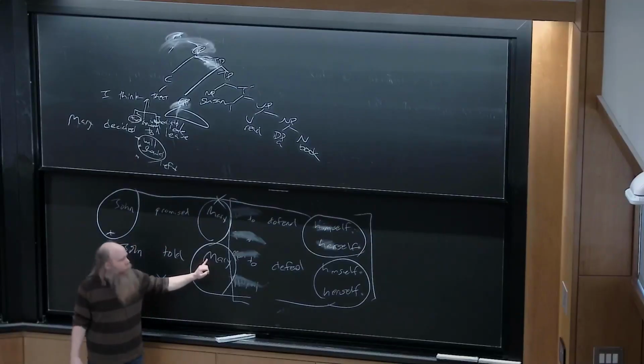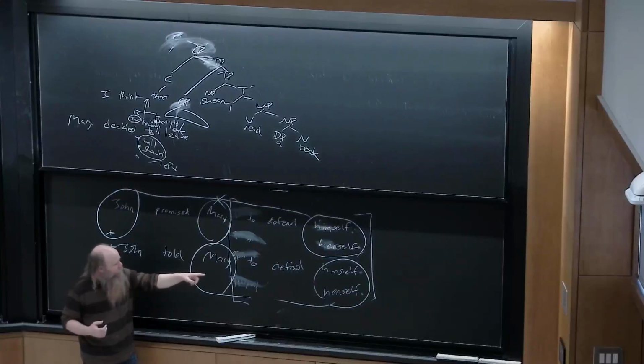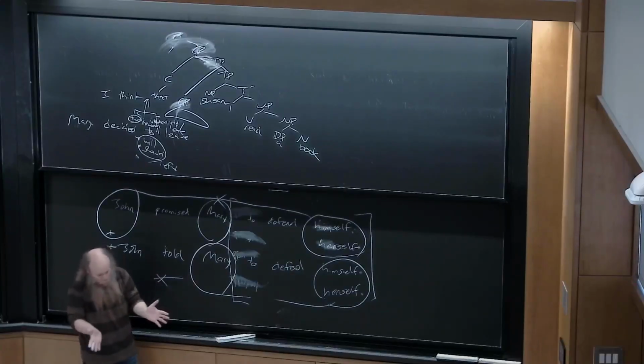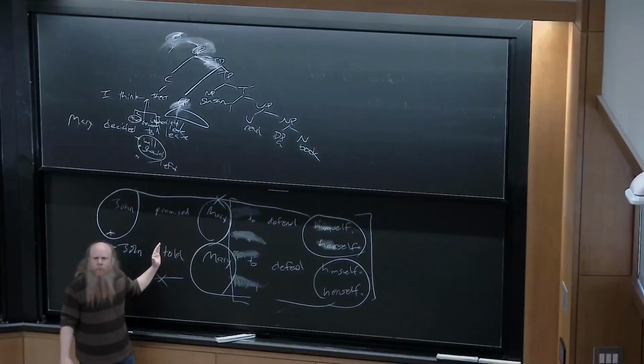So this anaphor will need to have a binding domain that gets up to the higher verb phrase. It's going to need to find a binder in that domain. Okay, we have to say we were wrong about TPs. It's like the next verb phrase or something.